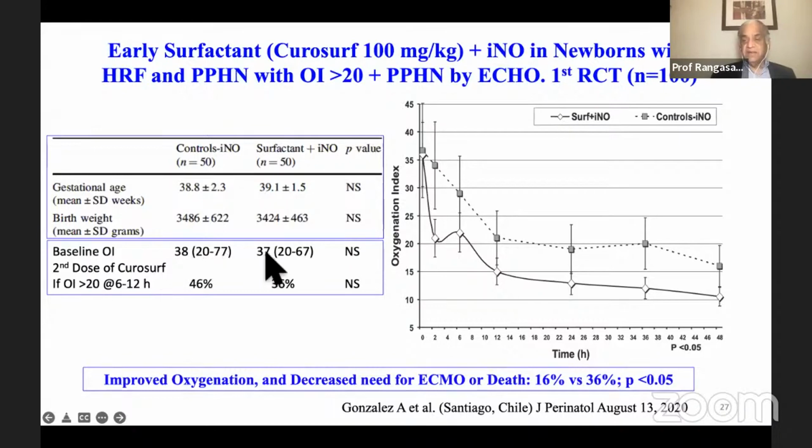So when they gave surfactant and then gave nitric oxide, they improved the oxygenation, OI, and decreased the need for ECMO or death. With surfactant plus nitric oxide, ECMO or death was 16% compared to 36%. They also showed a non-significant trend towards less need for a second dose because the OI had come down below 20 after 6 to 12 hours after the first dose.